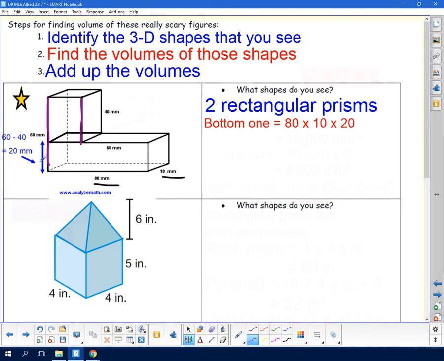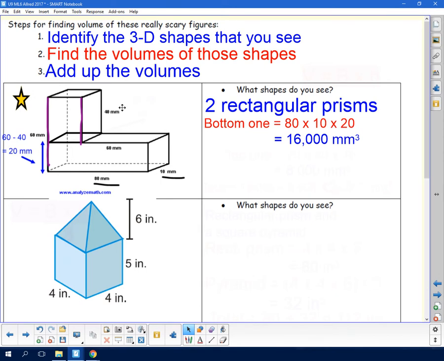So I subtracted to find the missing distance right here of 20 millimeters. To find the volume of that prism, I did the area of the base, length times width, 80 times 10. Got 800 multiplied by 20. I got 16,000 millimeters cubed for the volume of that bottom rectangular prism.